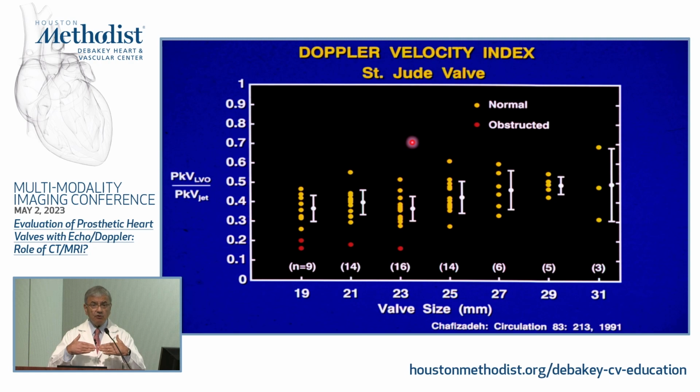The relation is rather flat, and that's the beauty of it, meaning that if you don't know what the size of the prosthesis is, an abnormal Doppler velocity index, usually less than 0.3, tells you that there's something wrong with this valve. At least you need to take a look as to what the situation is, and in red are actually those documented with prosthetic valve obstruction in the aortic position.